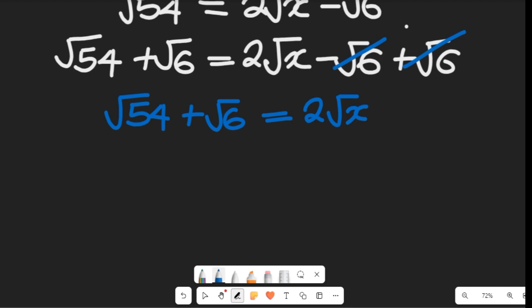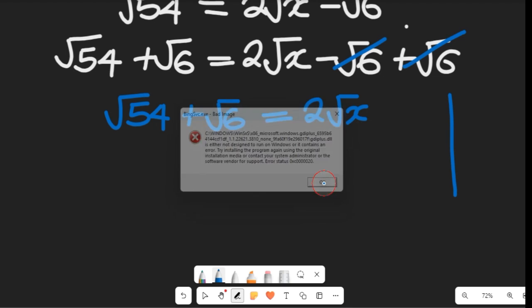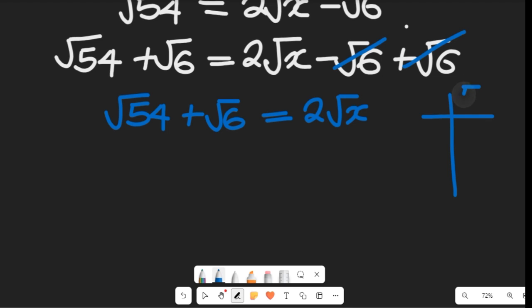I want you to recall that if we simplify 54, 2 divided into 54 is going to give us 27, right? Let's look for the factors of 54. 3 will go over here to give us 9, right? And then 3 can still go to give us 3. But then if we multiply this, this is going to give us 6.